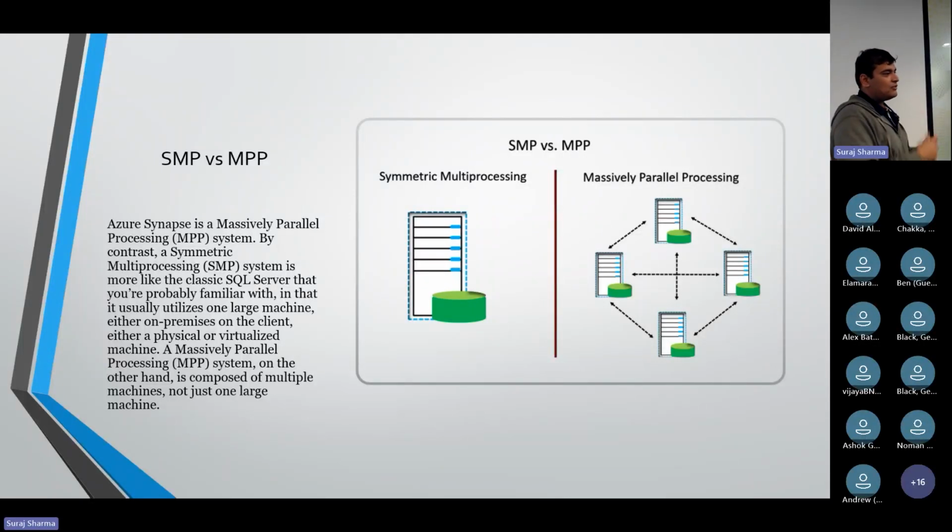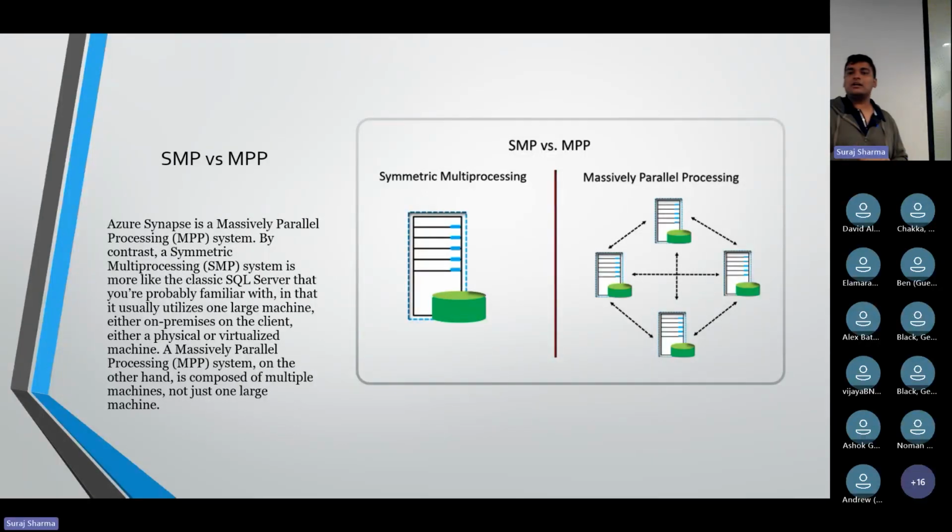So what is SMP and what is MPP? In an SMP system, all processors share the same resources. While in an MPP system, each node has its own dedicated processor and its own memory, and they do not share resources. They do not share anything, so they have their own standalone system.